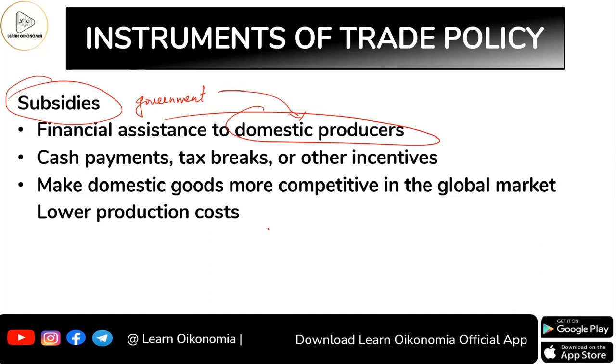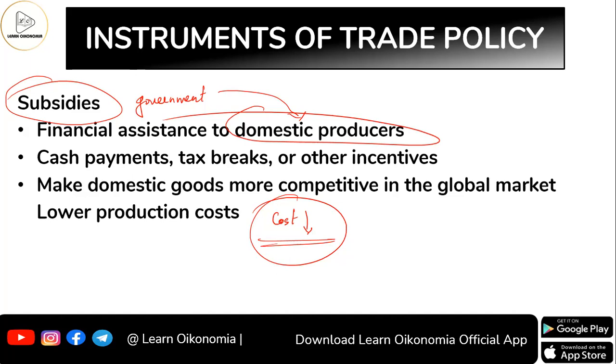And when a part of the cost is met by the government, there is a reduction in the cost of production, because their cost burden is being reduced.